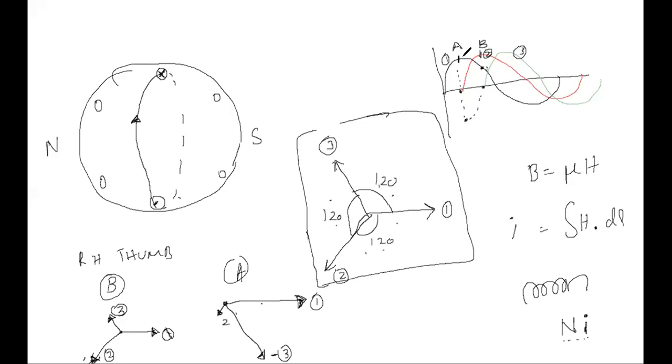So at point A, we can see phase 1 is maximum. That means this set of coils is representing the field, which is like this. It will be having a maximum value at point A. Let's assume its maximum positive direction is as per this diagram.